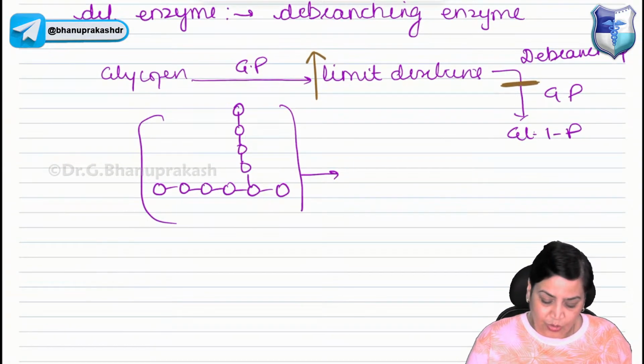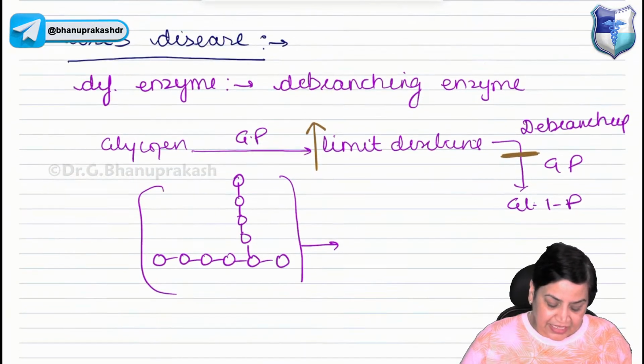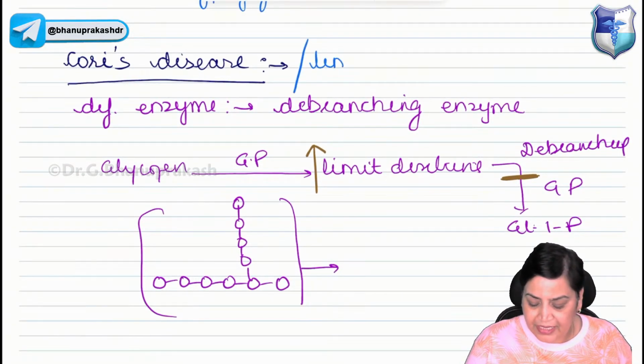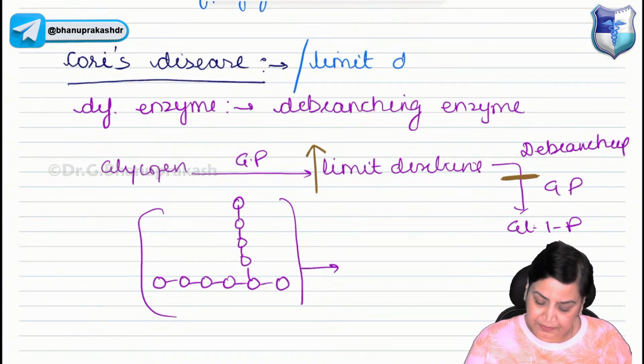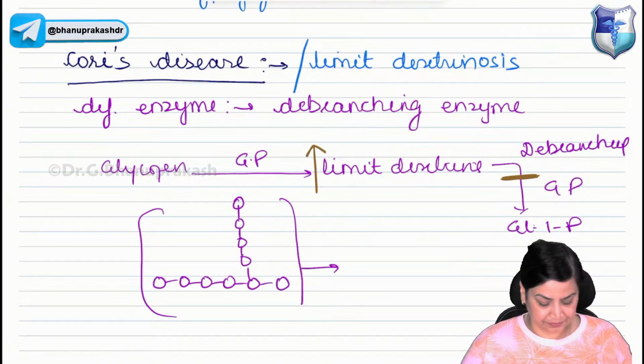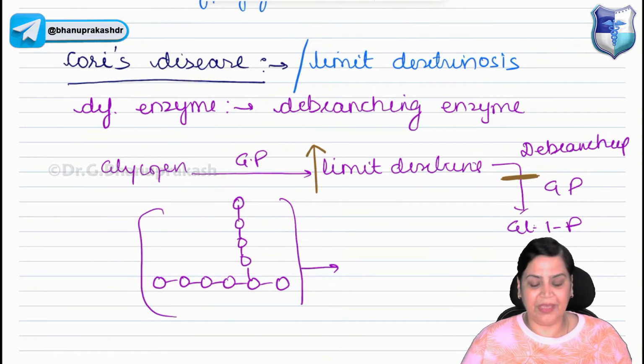Clear? So can I say that this Cori's disease is also known as limit dextrinosis? Yes or no? Getting my point? What I'm trying to tell you here is that in Cori's disease the deficient enzyme is debranching enzyme.